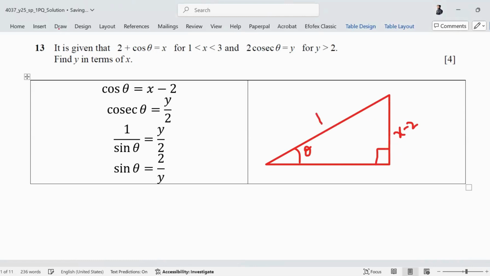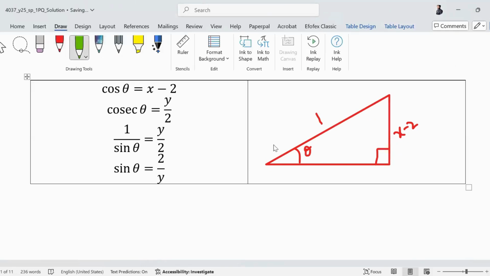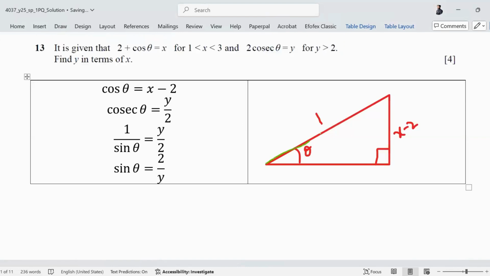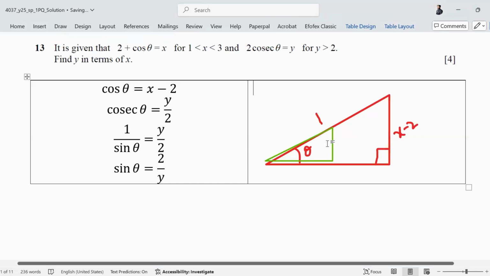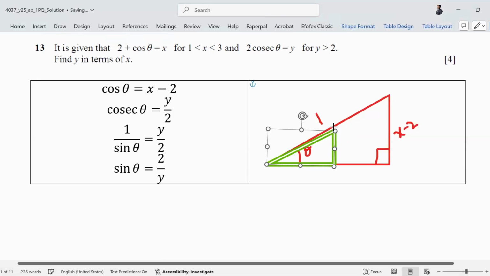Now with the same theta, if I draw another right angle triangle, why have I drawn another triangle? Because the value of sine and the ratio is not the same.